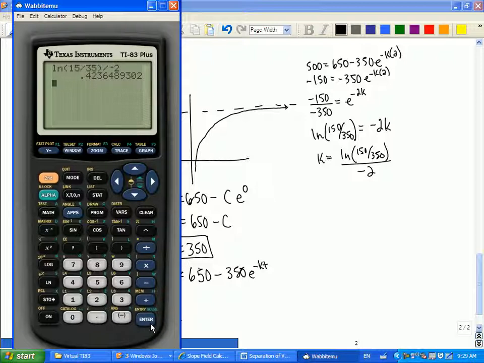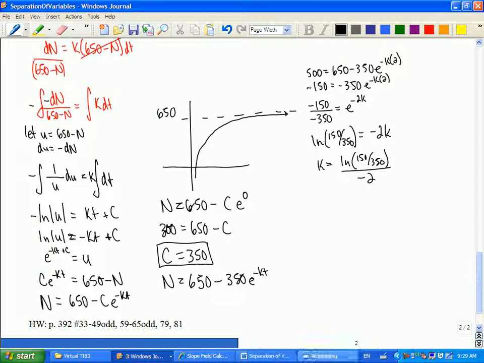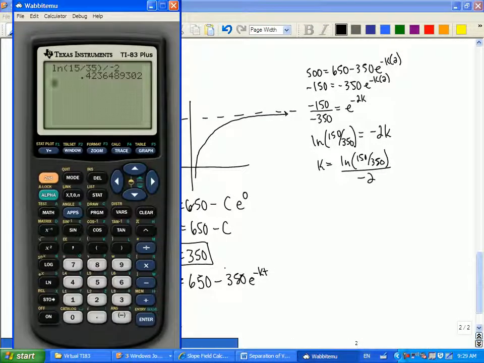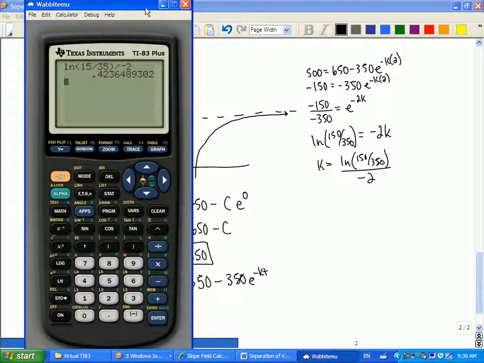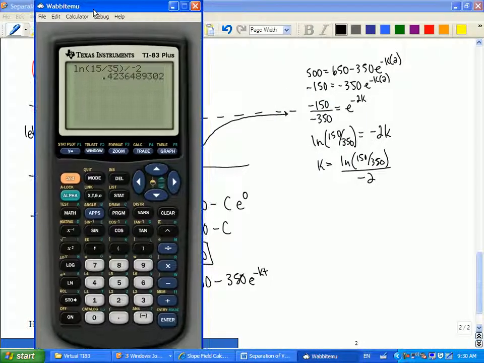So there's my value for k. If I want to know how many coyotes there will be, I believe it's 3 years? Okay. Then I'm going to substitute it into my model. In case you can't see it, here's my model down here. I'm going to use time equals 3 now that I know what that constant is.